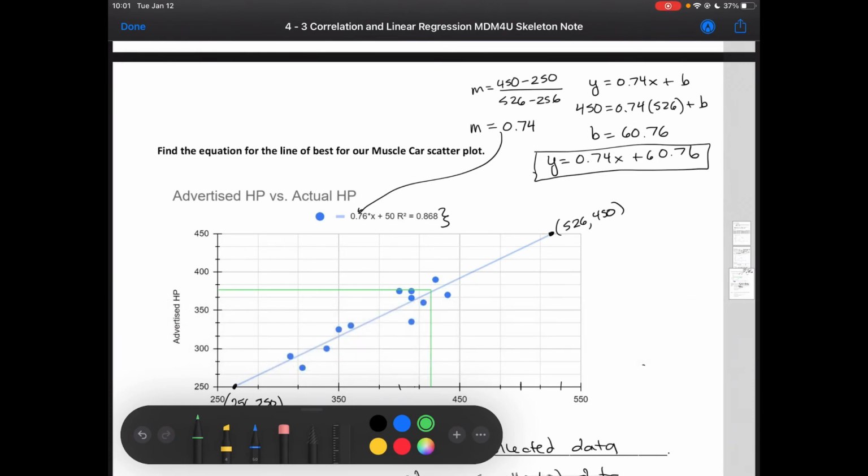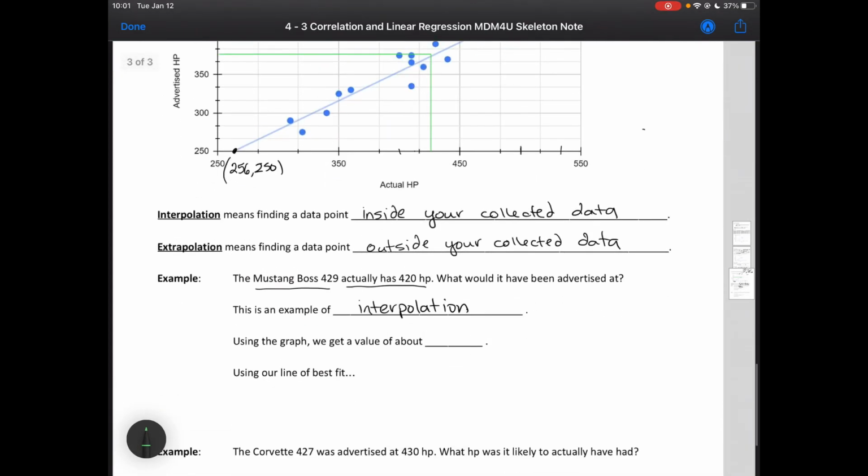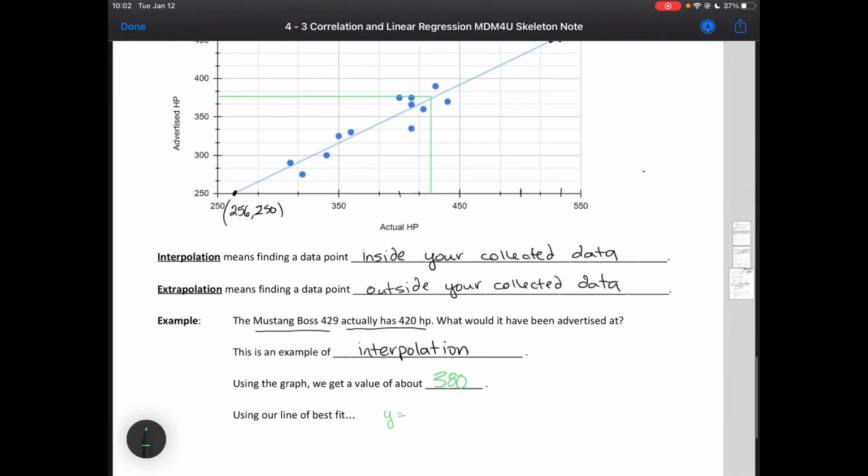That's the point that I'm going to read off my graph. Reading that point, this would be about 383, so I would maybe say 380. Fill that in here.